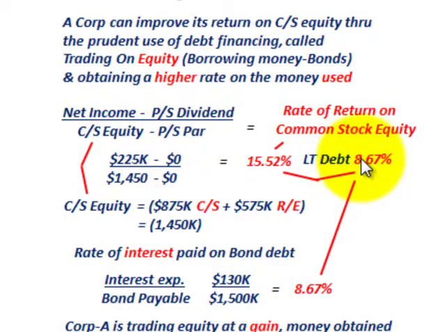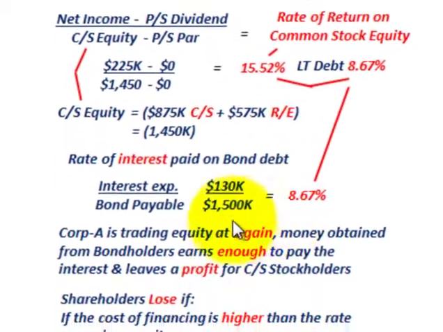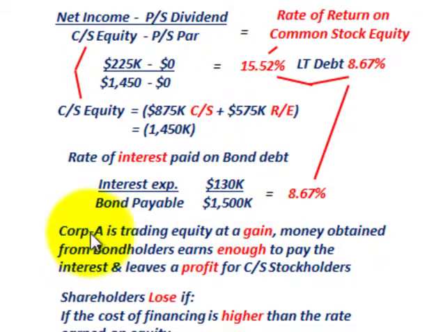Investing in the debt here, using this debt to increase the equity, or the common stock equity, in the company. So let's go down and look at our definition. Corporation A is trading on equity at a gain, because the rate of return on their common stock equity is greater than the cost of the debt.